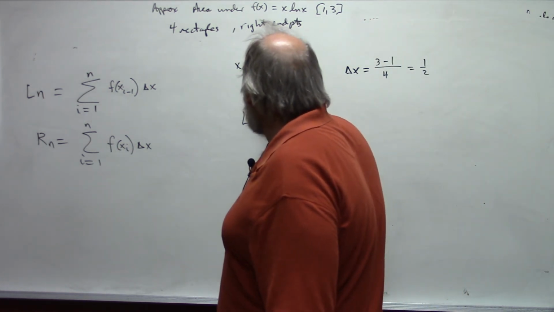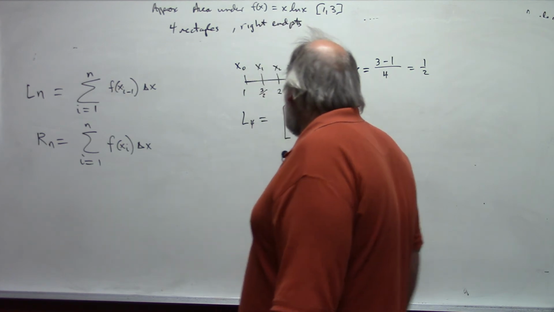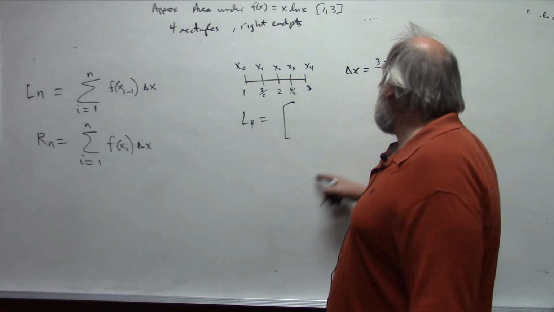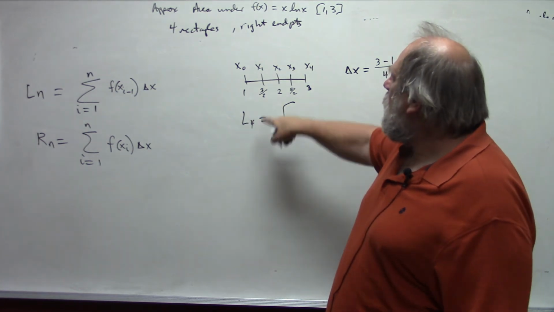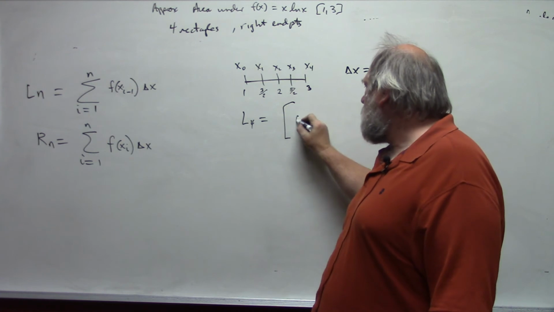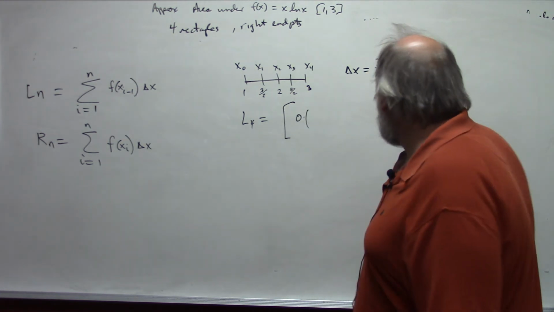This is x0, x1, x2, x3, x4. So f of x0 would be, I take the number that's associated with x0, which is 1, input it into my function. This would be 1 times the natural log of 1, which is 0, times my delta x, which is 1/2.